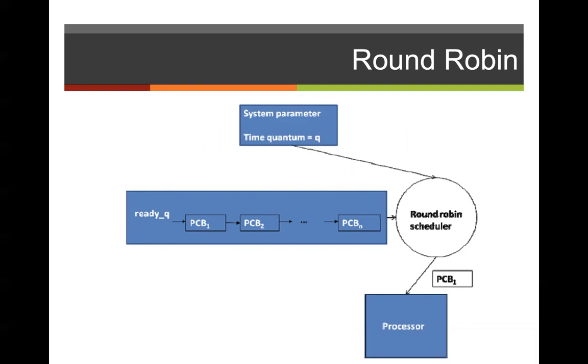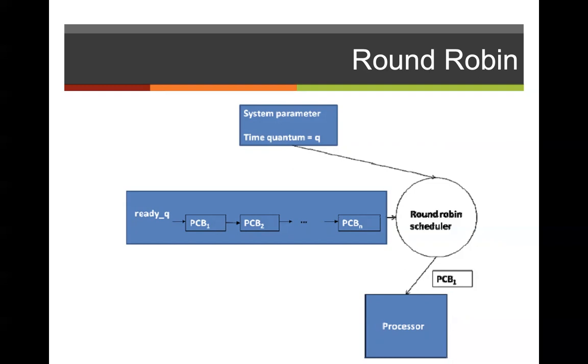And so when we're focusing on a round robin scheduler, we want to ensure that we have our appropriate system parameters, as well as the time quantum that is going to be considered. Next, we have our ready queue that contains our list of process control blocks that are ready for execution.